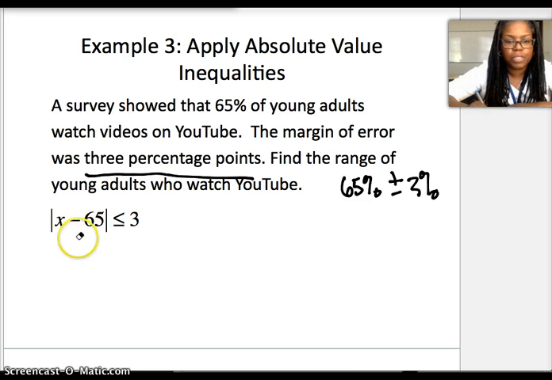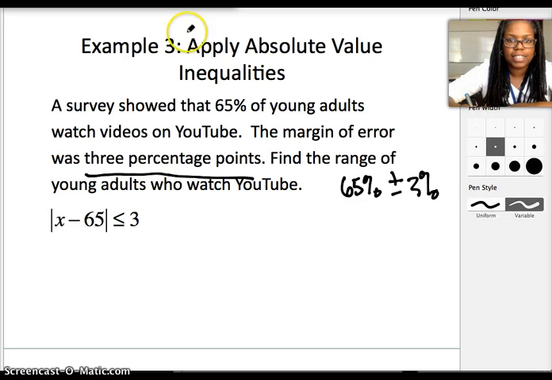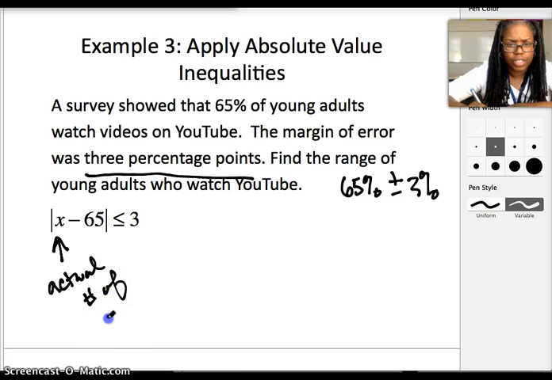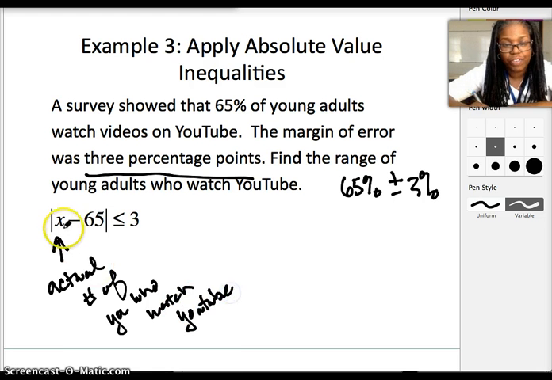So in this case, x is the actual value, the actual number of young adults, YA, who watch YouTube. That's the actual value. The difference between that and 65 is 3%, is between 3. So it's a similar thing, but a different way of looking at it.